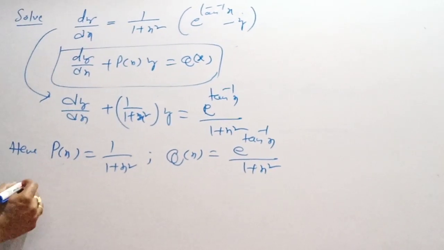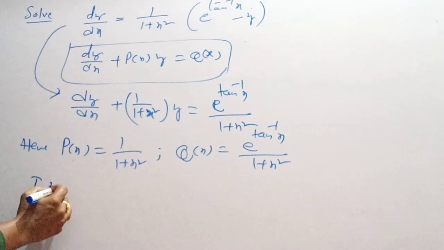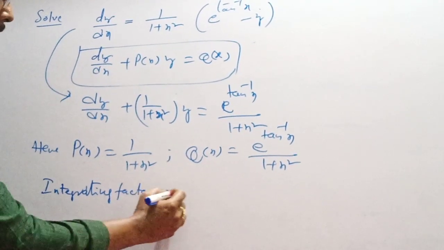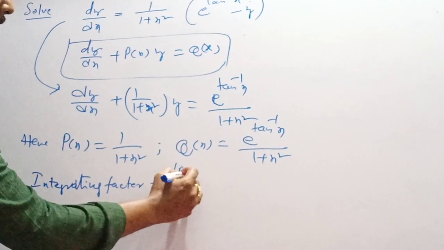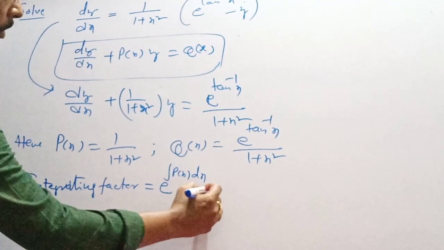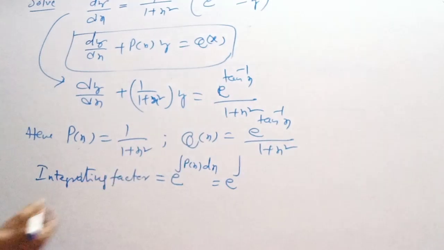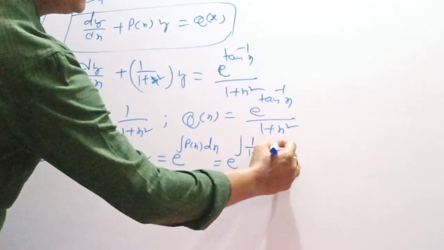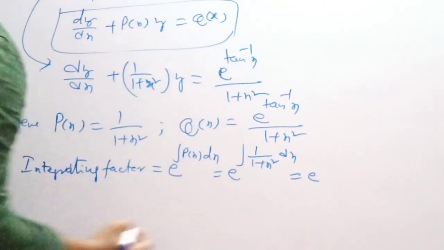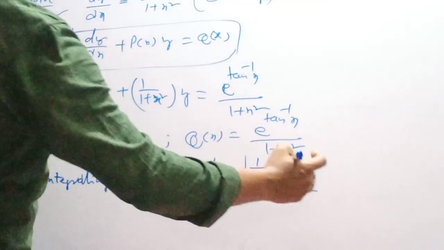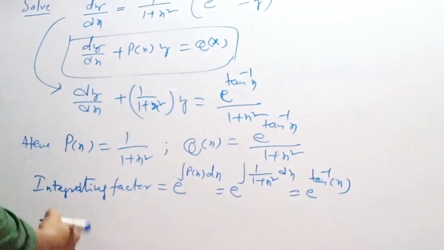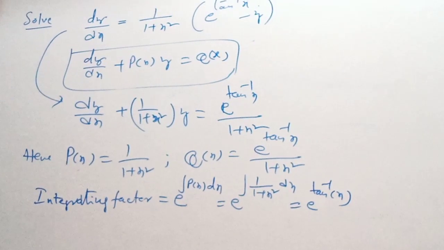As we know, the integrating factor is e^(∫P(x)dx), which equals e^(∫1/(1+x²)dx). The integral of 1/(1+x²)dx is tan⁻¹x, so the integrating factor is e^(tan⁻¹x).